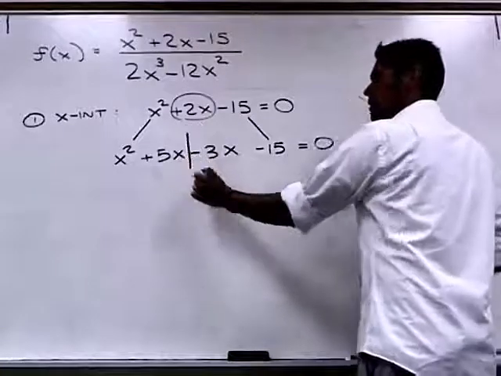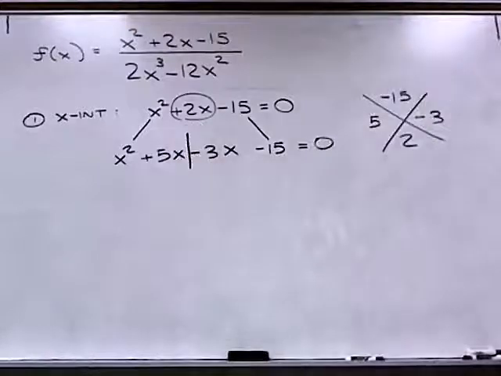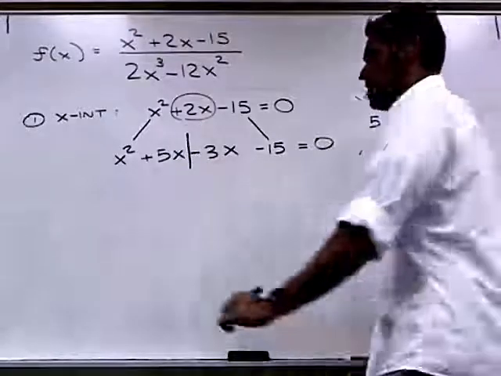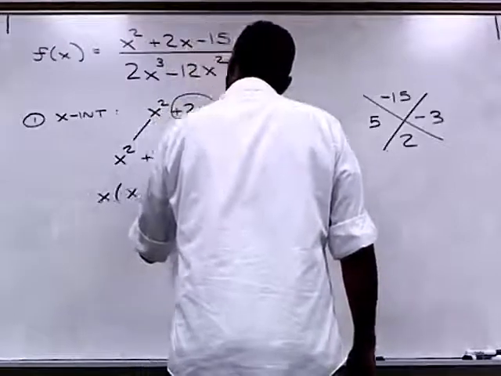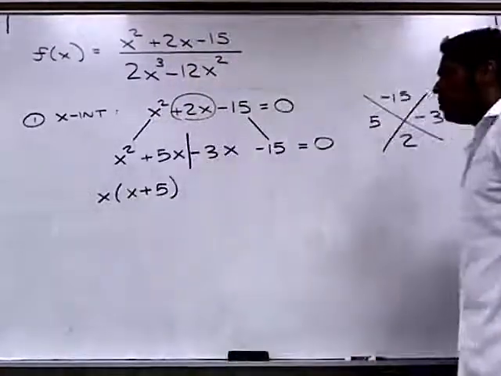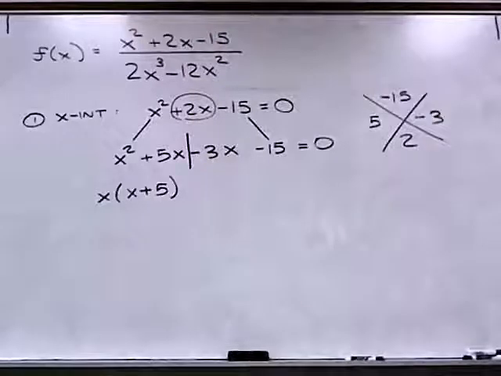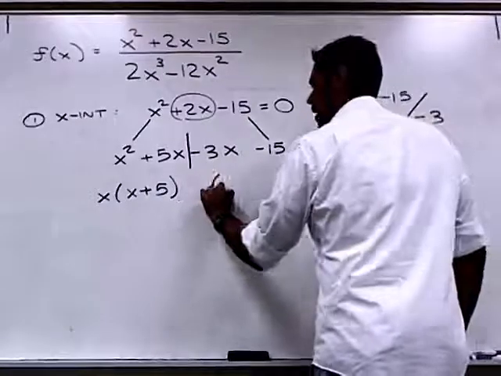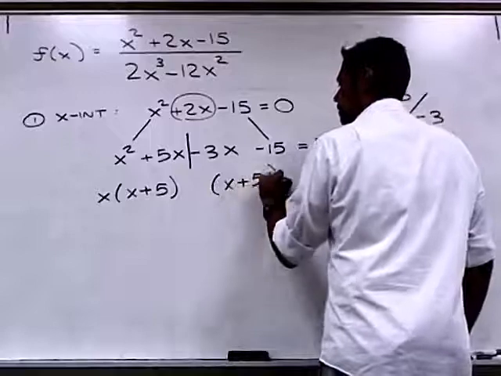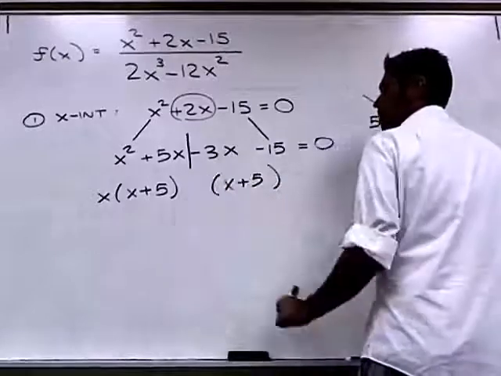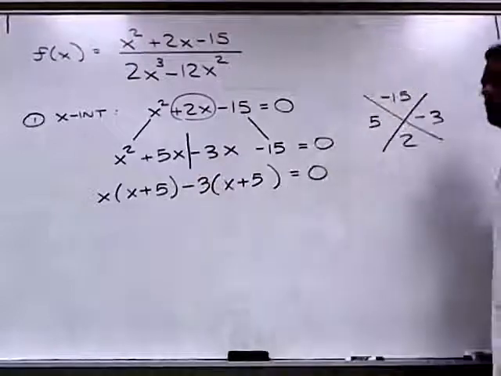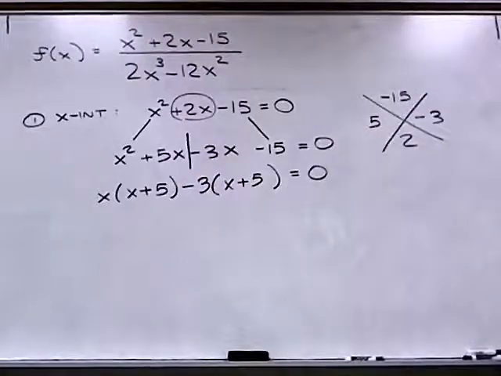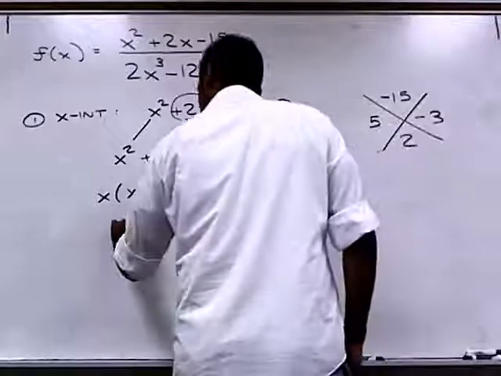We do GCF out of the first two, which is x, left with x plus 5. What do we do out of the second one to make this work? We do x plus 5 here, which means we need a negative 3. And it works. So now we have x plus 5 times x minus 2.